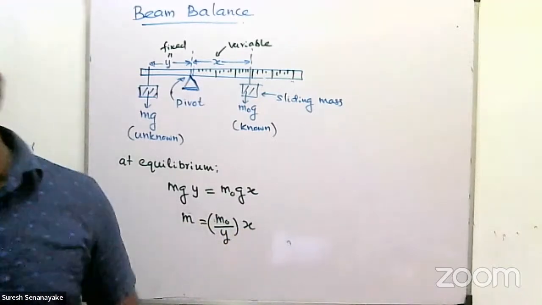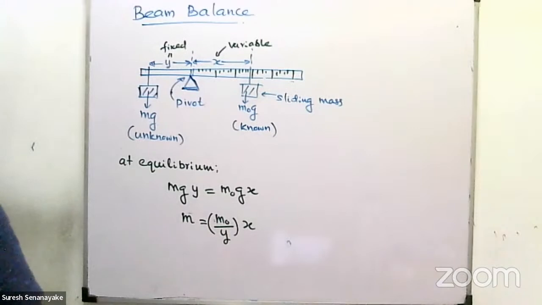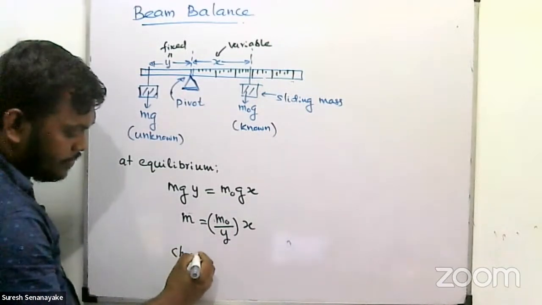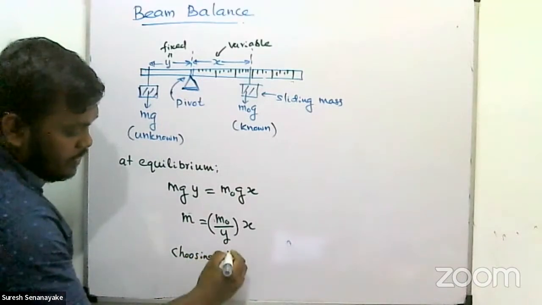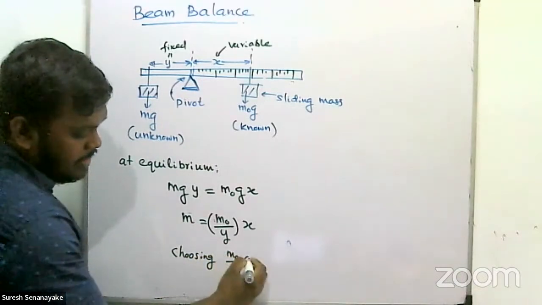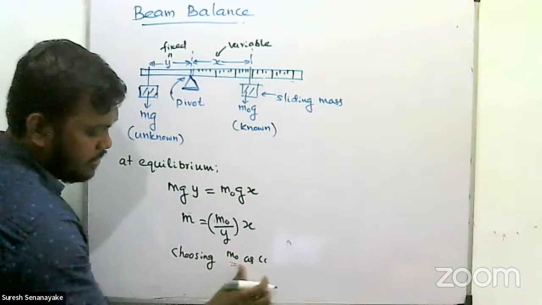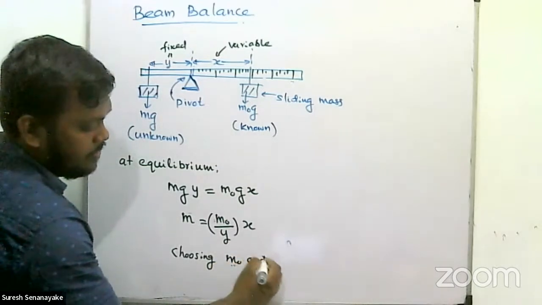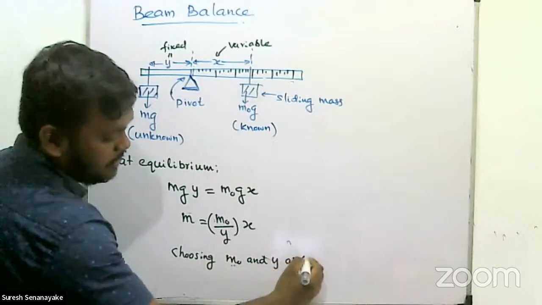You can get it from this beam, right? Choosing m naught over y as a constant.